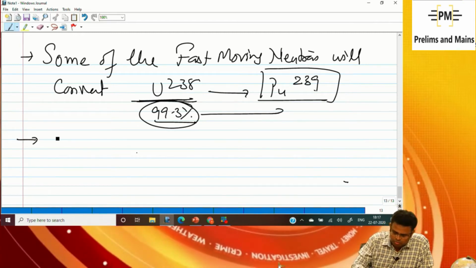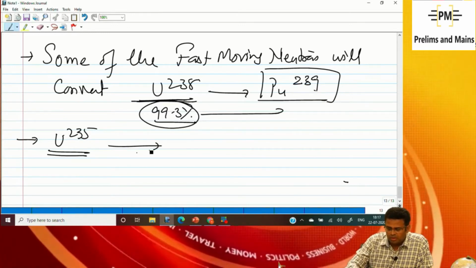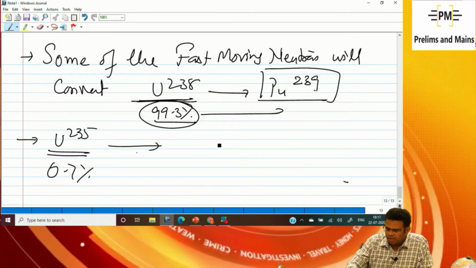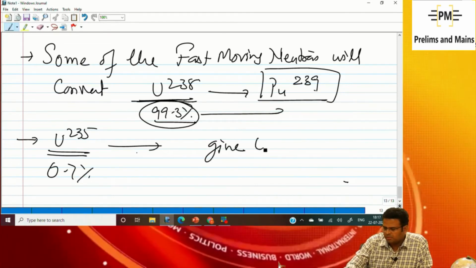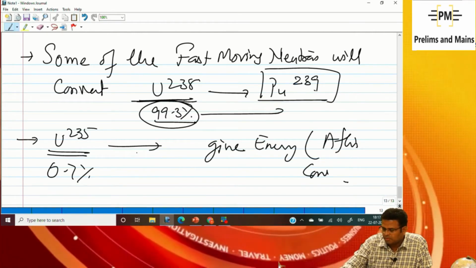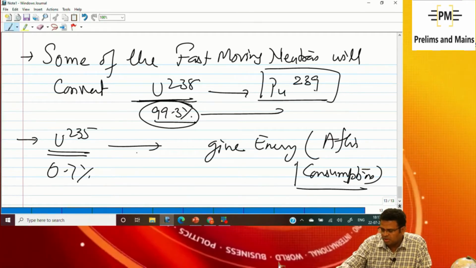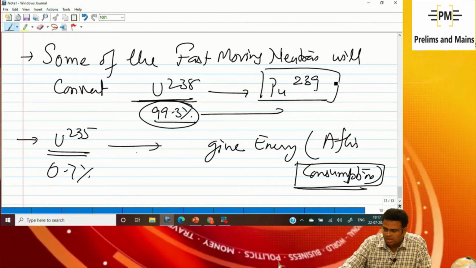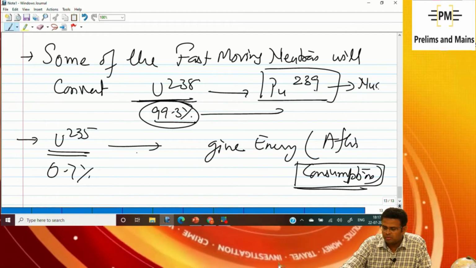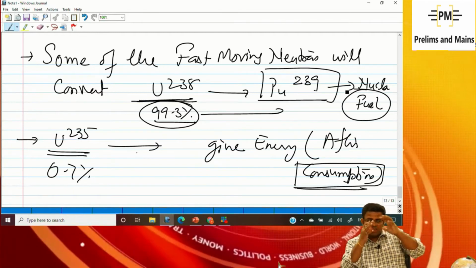And uranium-235, that is 0.7%, will give energy after consumption. After consumption it will give energy, and here we are producing nuclear fuel.